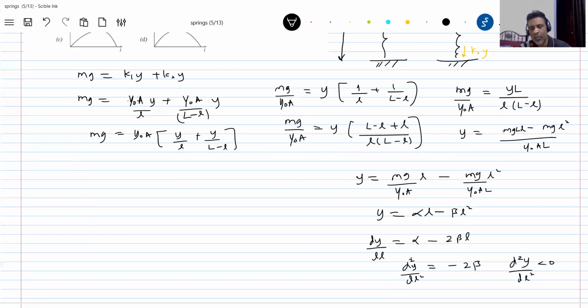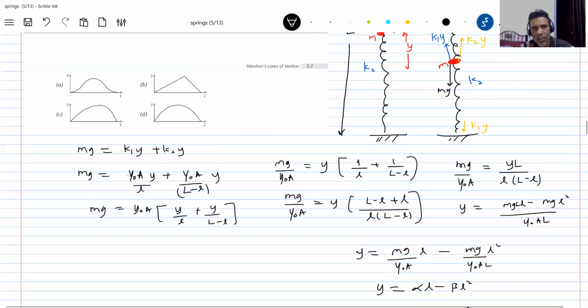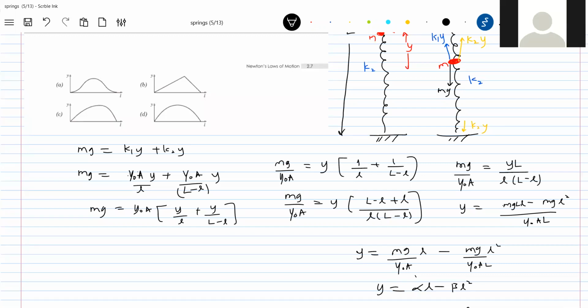So does maxima exist or minima exist? Maxima exists. So now, which graph should I pick up? Maxima exists in almost all four, no? Anybody? Sir, the graph is parabolic. It's a parabola, no? That's why you must be familiar with the graph here. So option D you can pick up.